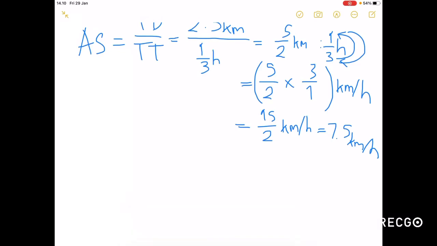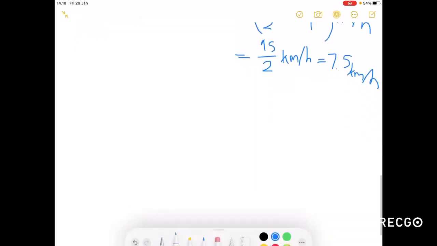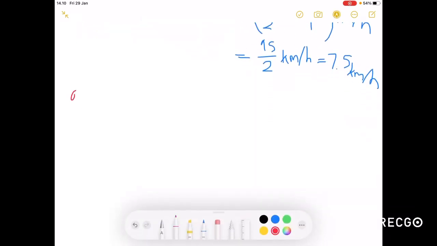Now I need to remind you of the formula for percentage increase. So just rewrite this percentage increase, and this occurs if you have an initial value and a new value. The initial value will increase to the new value, meaning that the initial value will be less than the new value.